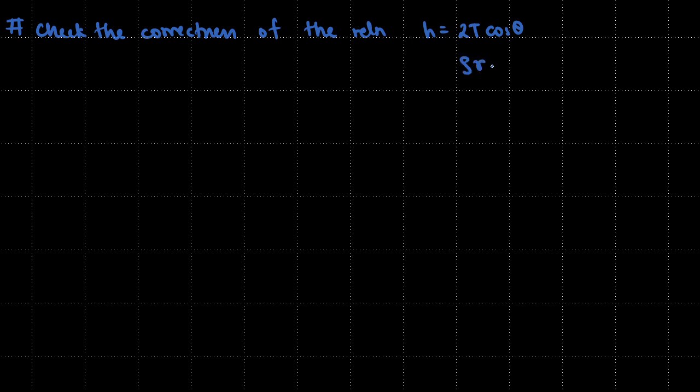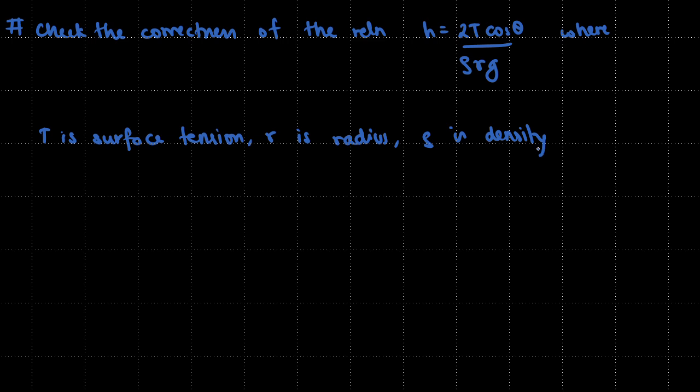Today we are going to do another question, which is: check the correctness of the relation h equals 2T cos theta by rho r g, where T is surface tension, r is radius, rho is density, and g is acceleration due to gravity.